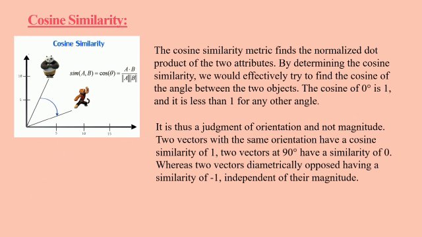Next is cosine similarity. The cosine similarity metric finds the normalized dot product of the two attributes. By determining the cosine similarity, we effectively try to find the cosine of the angle between the two objects. The cosine of 0 degrees is 1 and it is less than 1 for any other angle.